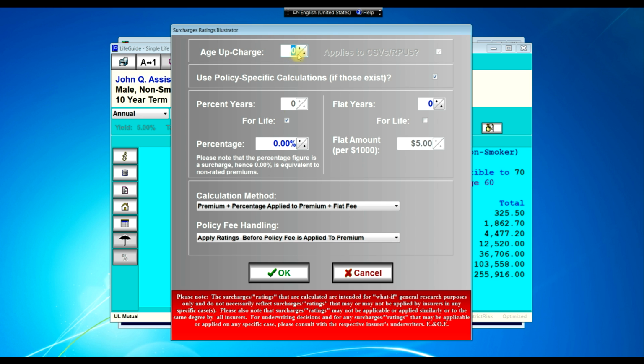We're going to age up by, say, 3 years. This time, 3 years. We're going to also apply a table 1 or a table A or 25%. And we are going to apply a $3 flat extra.